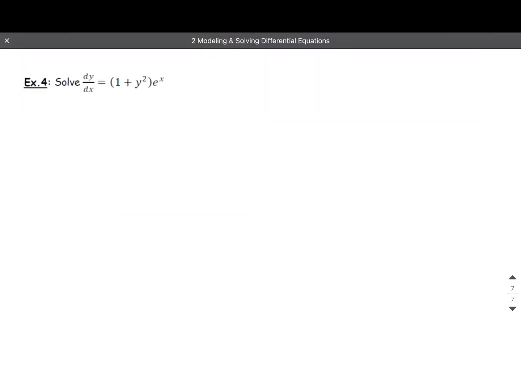Okay, I just want to do one more quick differential equation. Notice this time we don't have an initial condition, so there's going to be a plus c. Our differential equation is dy dx equals the quantity 1 plus y squared times e to the x. Now, we get everything with a y to one side and everything with an x to the other side.